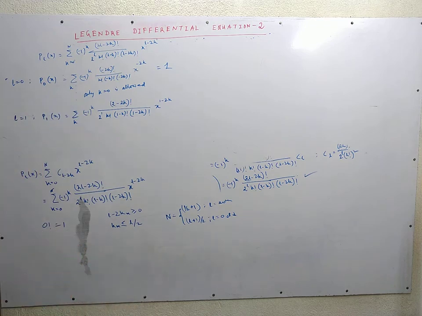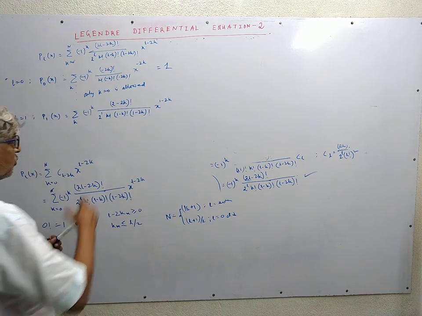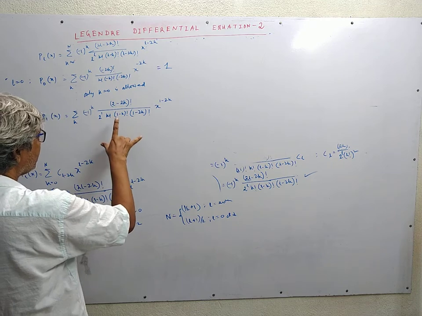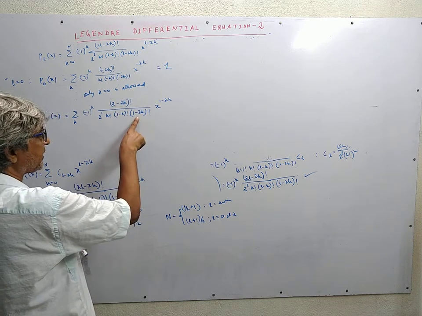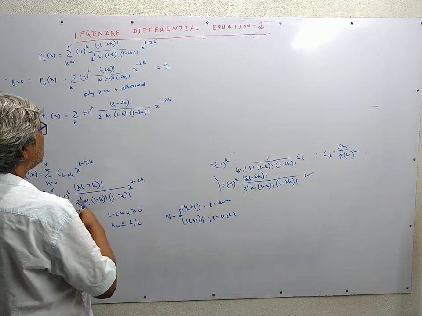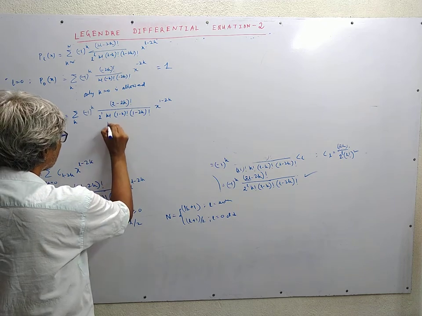If k is equal to 0, it's no problem, and if we put k equal to 1, this term becomes negative. So only k equal to 0 is allowed.